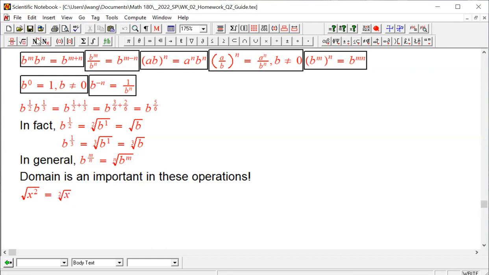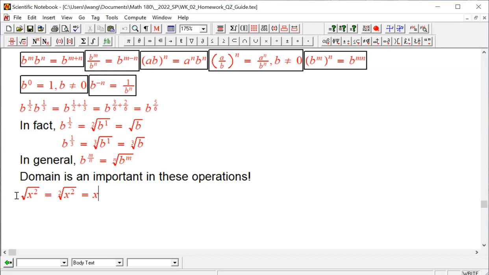So this is the square root of x squared, right? They will cross out the 2 and say it equals x. And we know this is wrong. We've talked about it in previous videos many times, right? Why is this operation wrong?